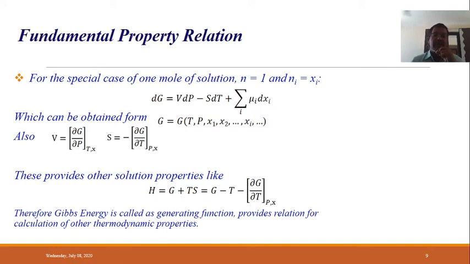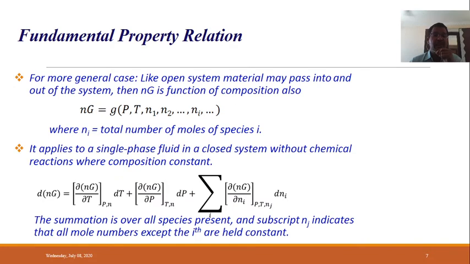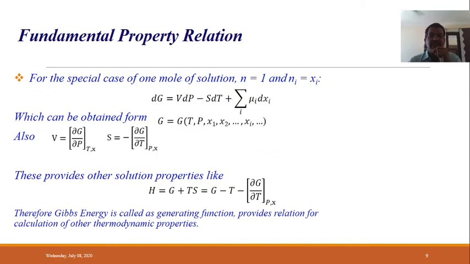This relation can be obtained as we did earlier, where NG is a function of pressure, temperature, and the number of moles of different species. Similarly here we can consider G as a function of temperature, pressure, no doubt, and then the mole fraction of every species present in that particular system.